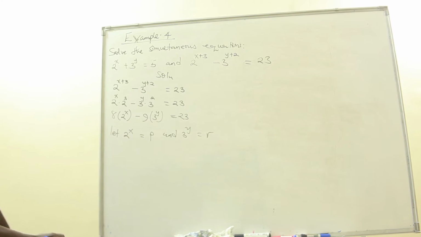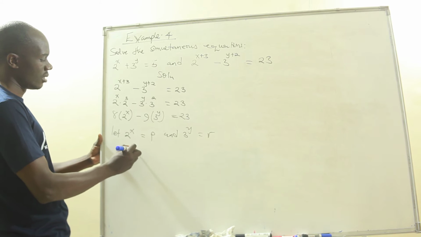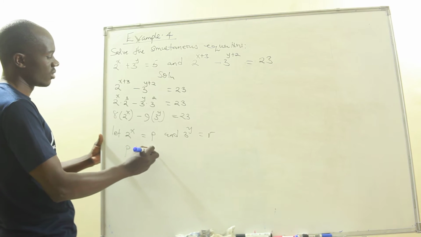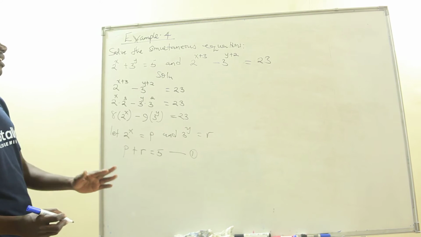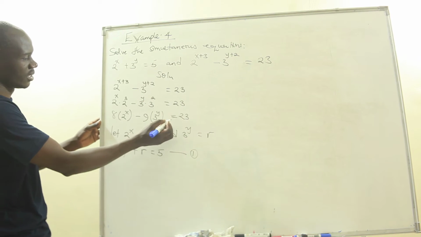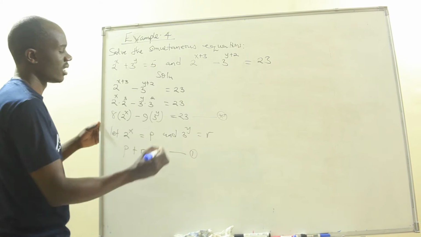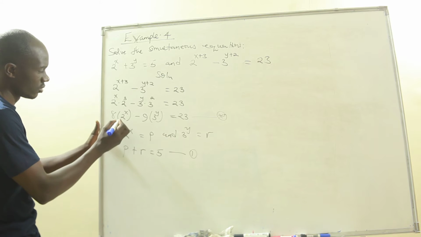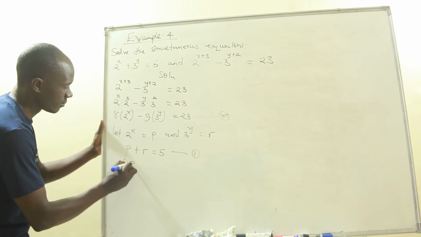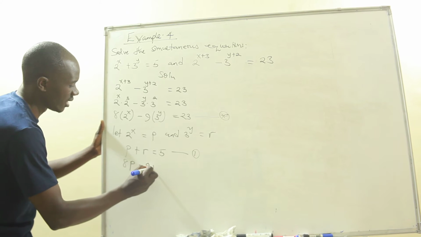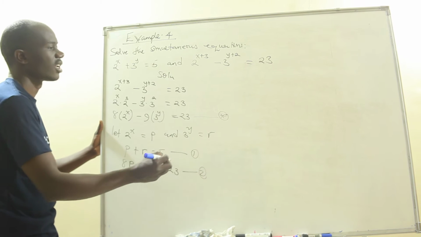So the first one becomes p plus r equals 5. I can say this is the first equation. Again, for this one, which I have already reduced, maybe you can call it equation star. When there is 2 power x, you put a p, this becomes 8p minus 9r equals 23. This is the second equation.